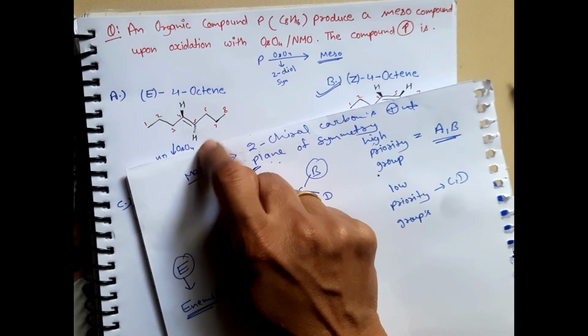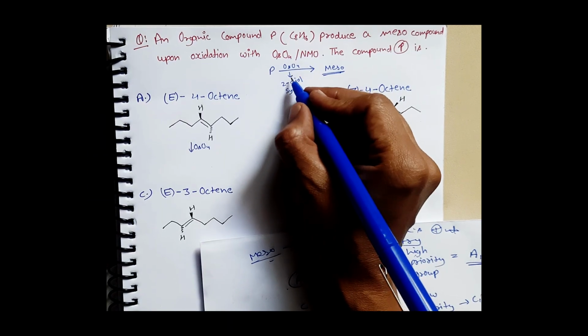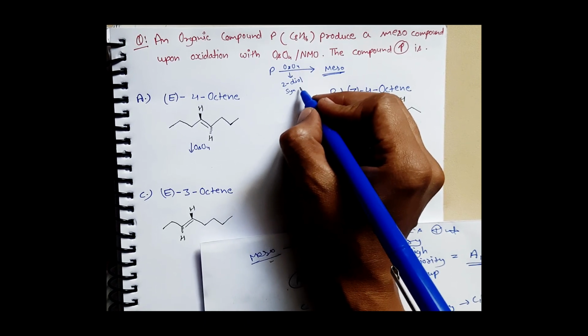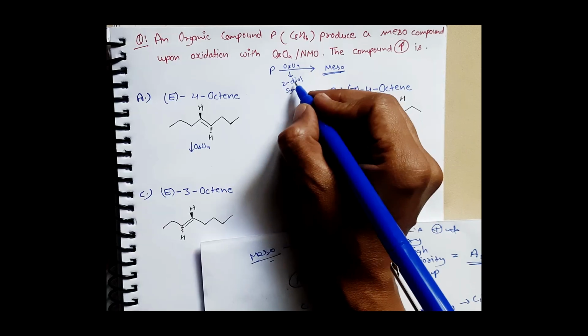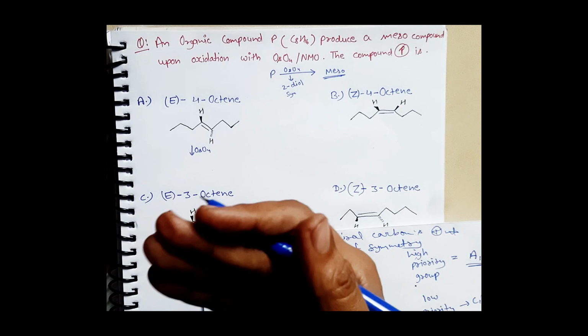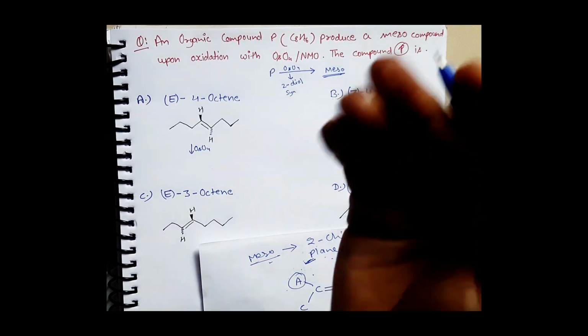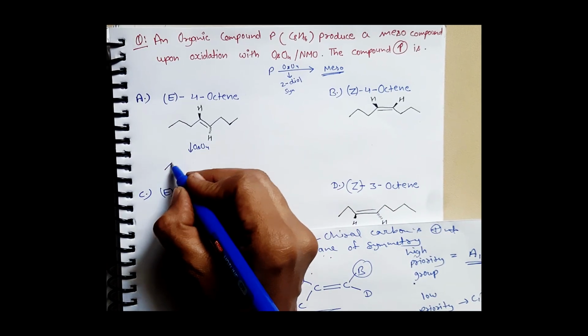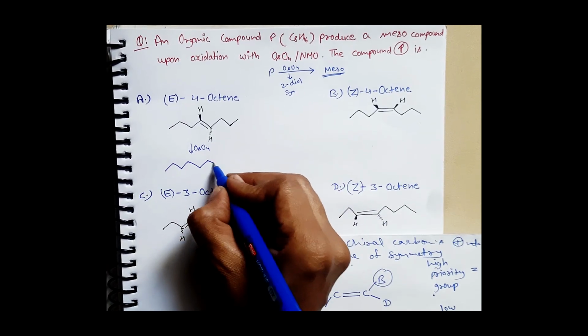Osmium tetroxide adds the diol at the syn position. It means the two hydroxyl groups are attached on the same plane, or the same side. So our final product looks like this.